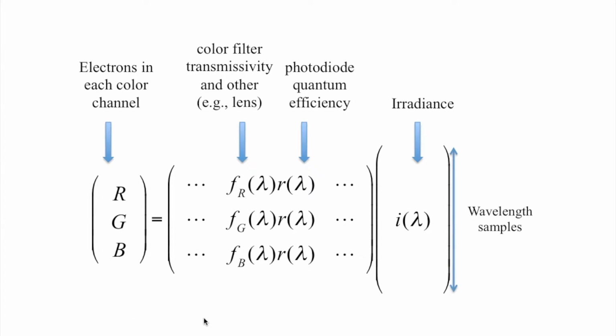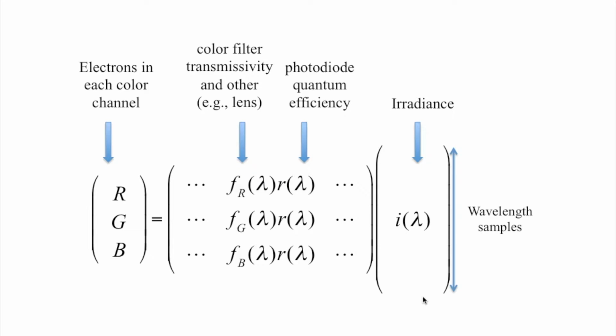In the case of computation, we usually express the electrons in each color channel, shown over here as a vector, and we usually express the computation as a matrix tableau, where we've got the input field as the irradiance, and it's multiplied by the photodiode quantum efficiency, the combined filters, that's at each wavelength. We product those two together.